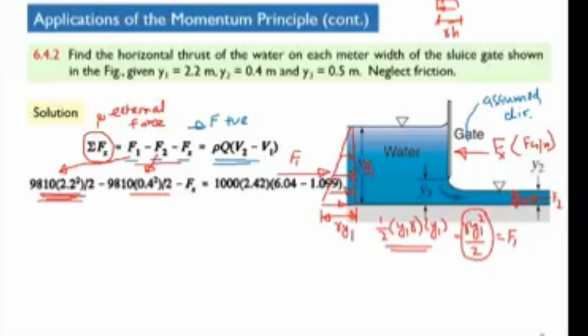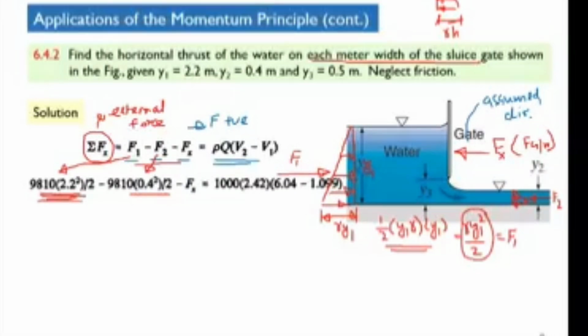So what is the centroid here? The centroid of this rectangular area will be equal to Y1 by 2. Clear? Rectangular area on which it is acting, with unit width. So this is 1 meter, as it is stated here: each meter width of the sluice gate. So HC is Y1 by 2.